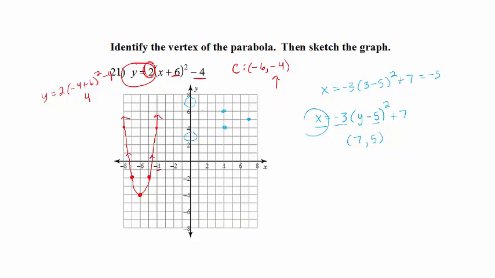So when you plug in 3 for y, you're getting -5 for x, because this is a really skinny parabola in a way. And then you can connect in a smooth curve. So they did overlap a little, but not a whole lot.